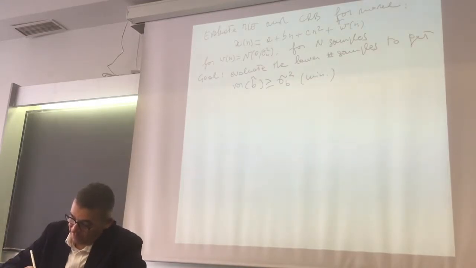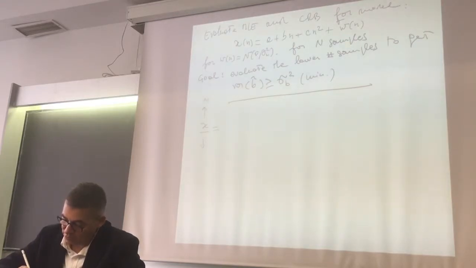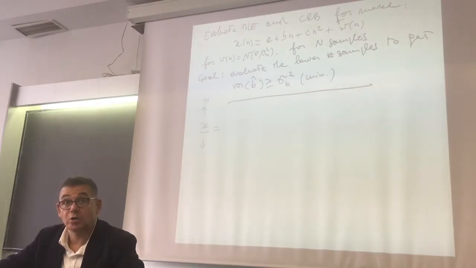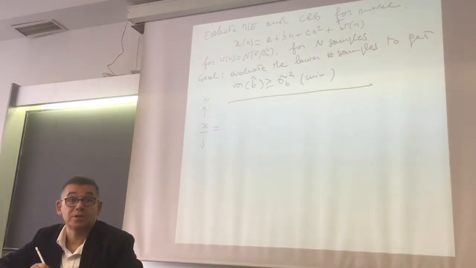Now, so let's start. What I do is I take all my data, all my samples, and I collect my samples into a vector. The vector is of length n. Then what I need to do is stack all the unknowns on one side, and stack all the time samples as a model matrix.